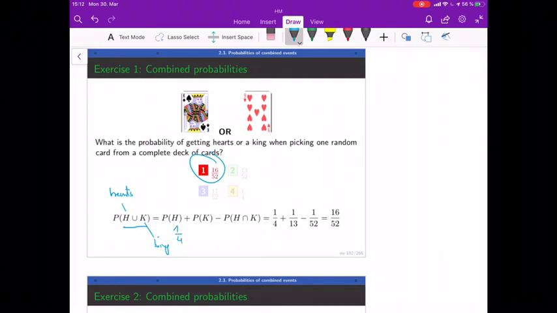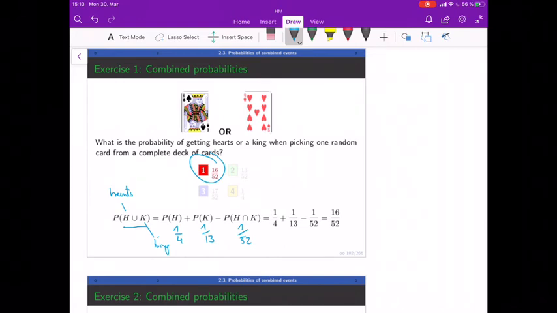Kings, there's 13 different types of cards, and king is one type, so that's 1/13. And then there's only one king of hearts in there, so there's 1/52. That's how we add up the numbers, and out comes 16/52. And if you've counted above in our deck with the yellow marked, it comes out right.